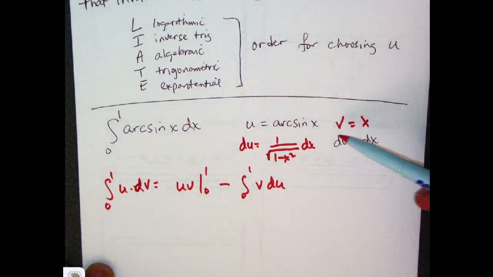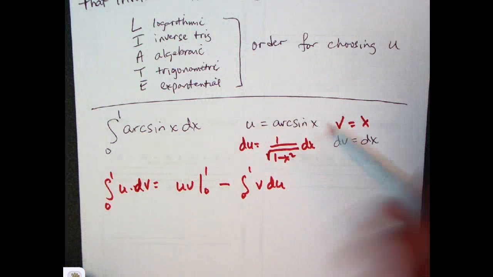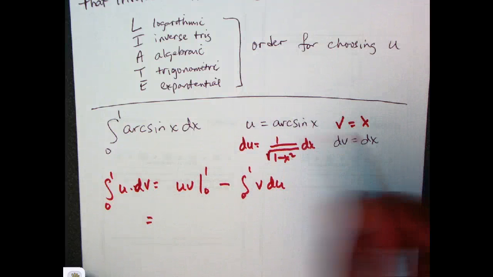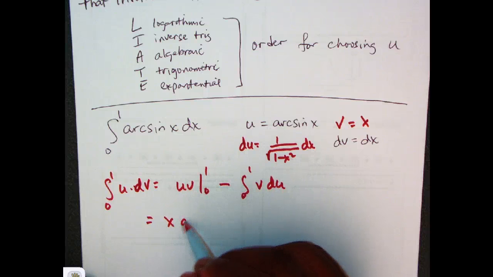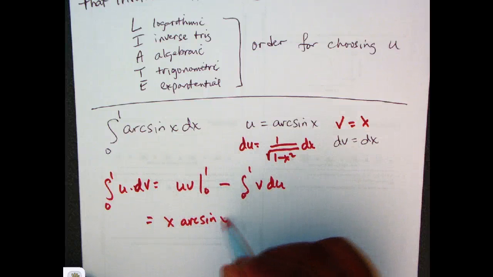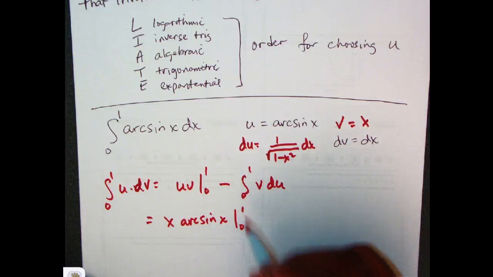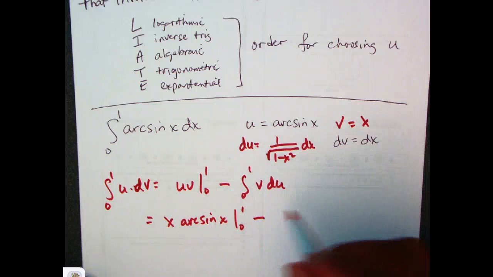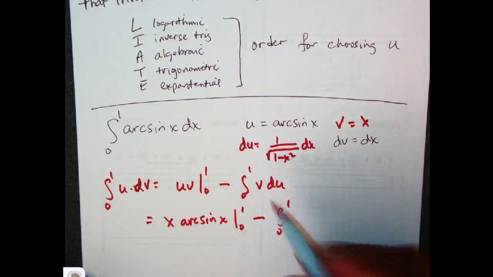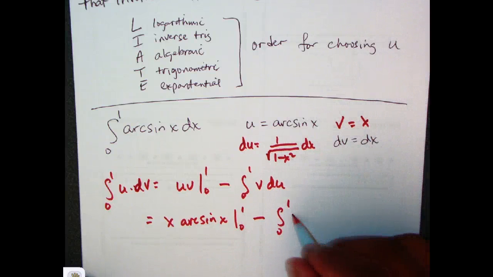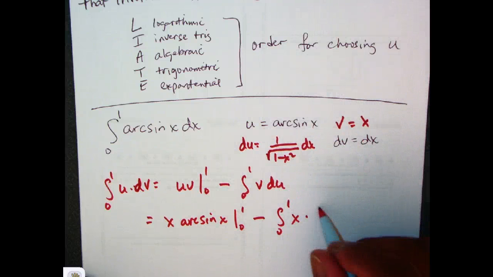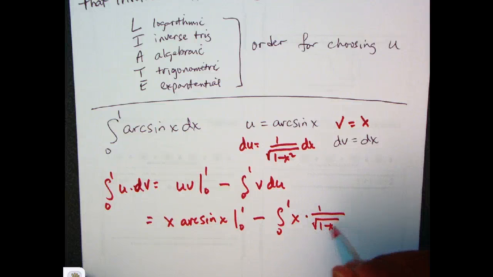So now we substitute in our values here. So this is going to be u times v, so that's x arc sine of x evaluated from 0 to 1, minus the integral from 0 to 1 of v du. Well, v is x, and du is 1 over square root of 1 minus x squared dx.